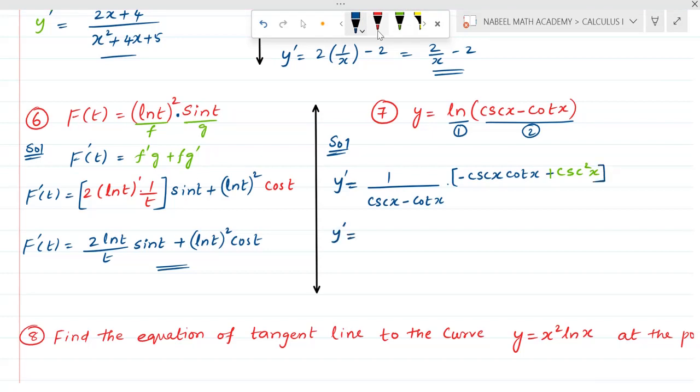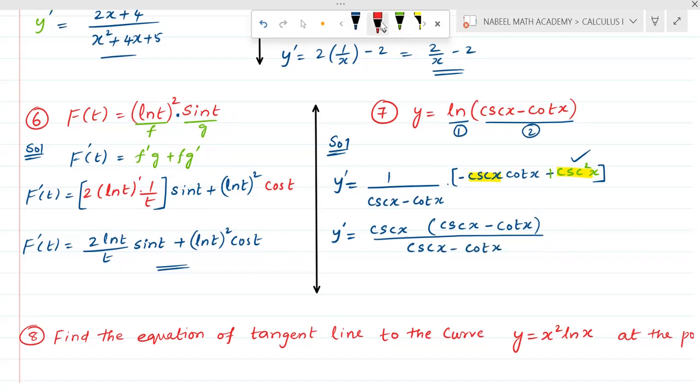And then we will have a y prime. So I am taking a common factor. What is the common factor here? You will have cosec x, so I will take that as a common factor. If I take cosec x outside, what is the remaining? I write the first term, plus, the remaining term is minus cotan x, over cosec x minus cotan x.